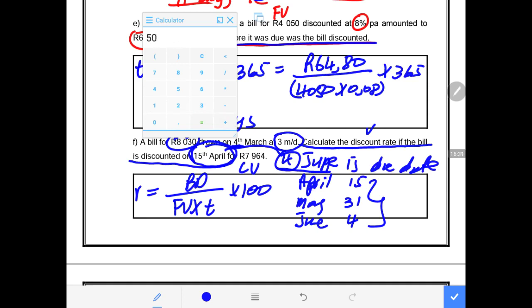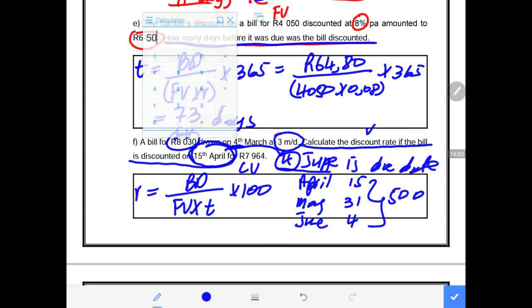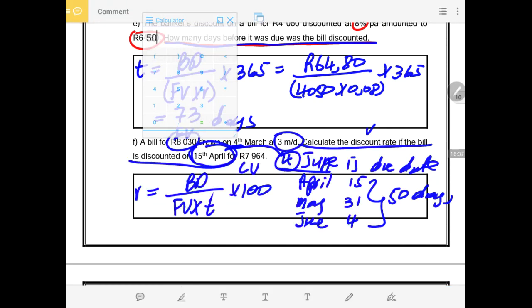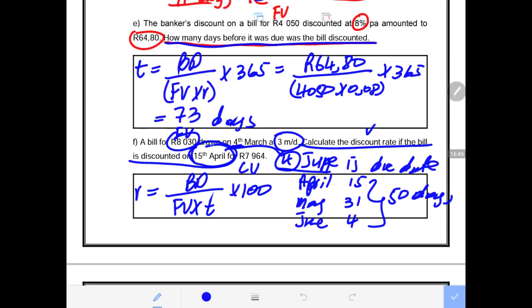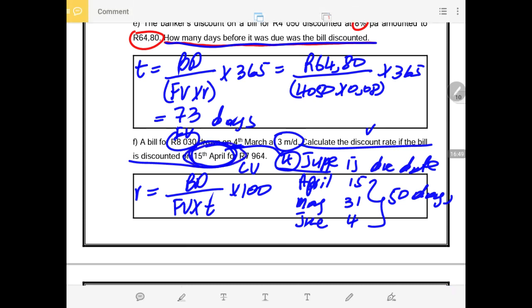How much do we get? We get exactly 50 days, meaning this bill was due 50 days later. In simple terms, 50 days from the 15th of April, meaning 50 days from the date the bill was discounted, it was due.